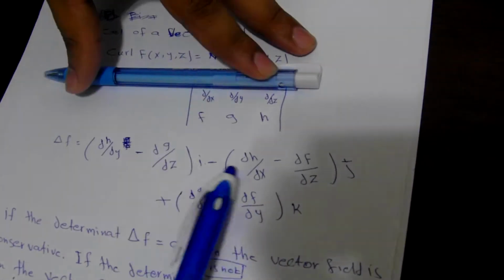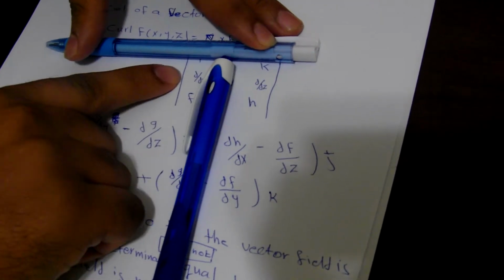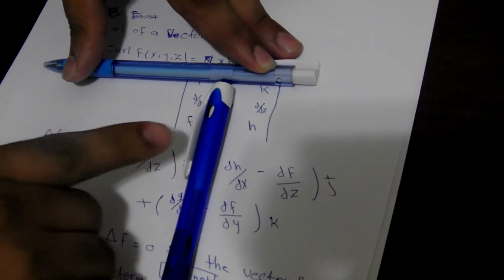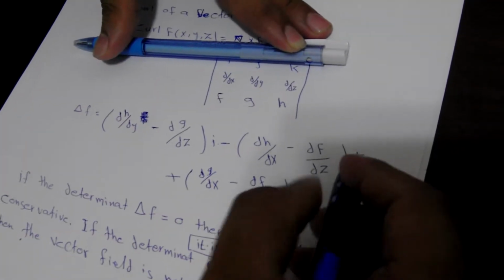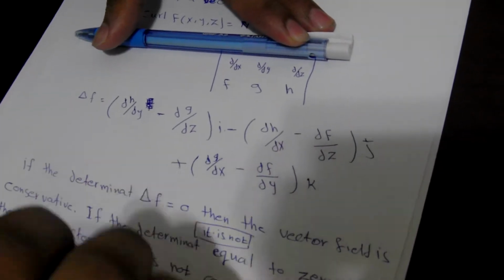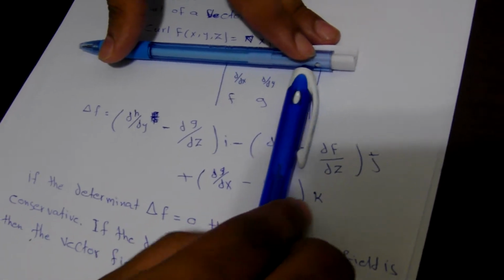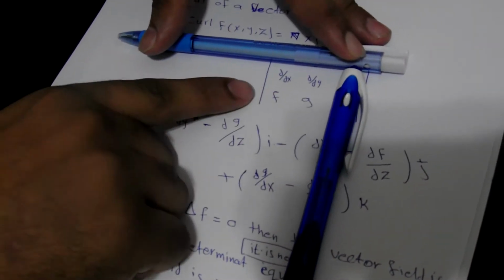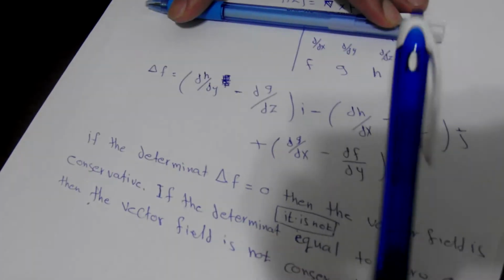The second one is minus: you cross the second column and you find dH over dx minus dF over dz as the coefficient of j. The third one is plus: you cross the first row and the last column, and you find dG over dx minus dF over dy.